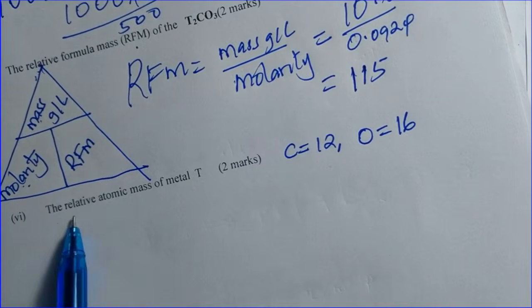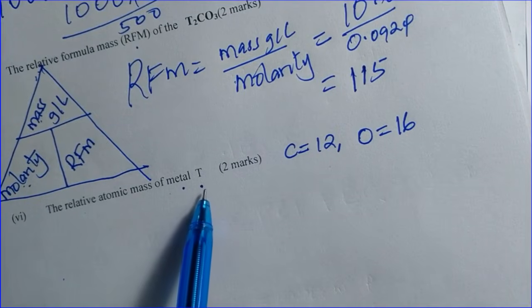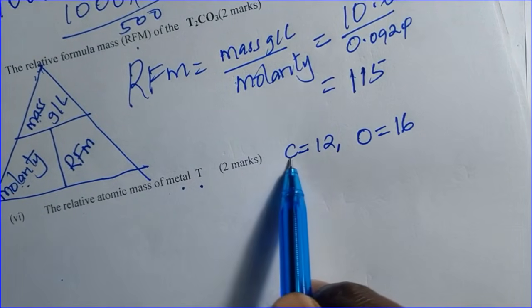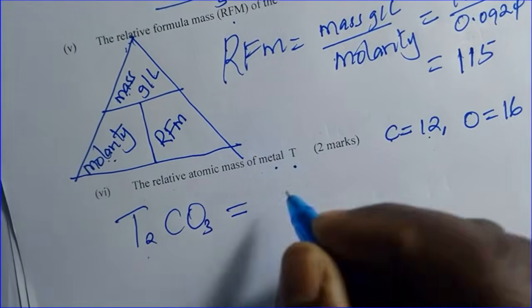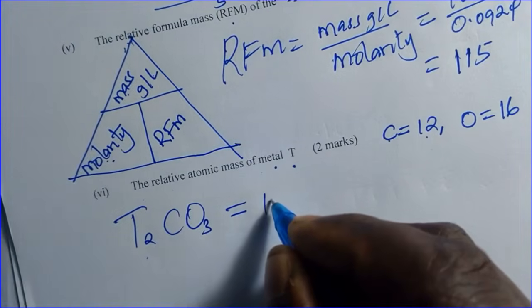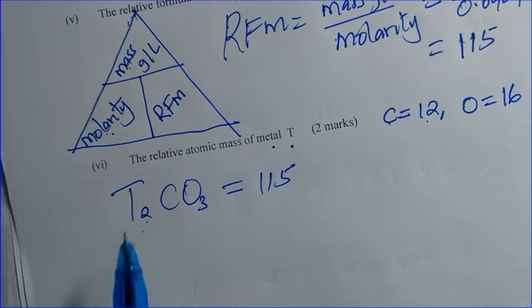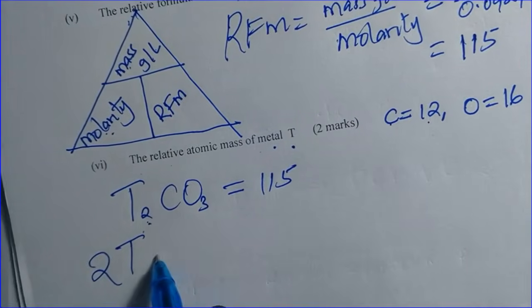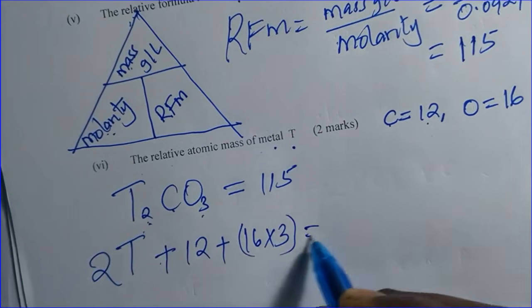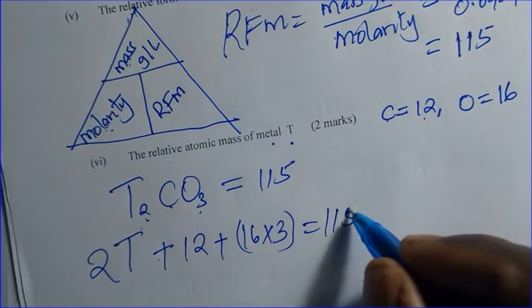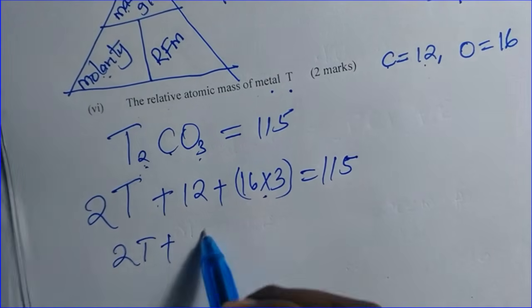Calculate the relative atomic mass of metal T. Now we have been given carbon is this and this. So it means the T2 carbonate will be equal to the RFM, which is 115. So T, there are two of them, plus carbon, which is 12, plus 16 times 3 will be equal to 115. 2T plus this 60 is equal to 115.